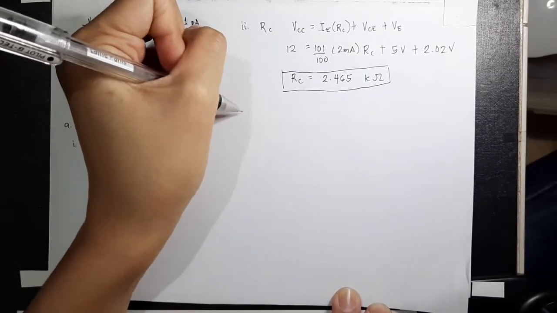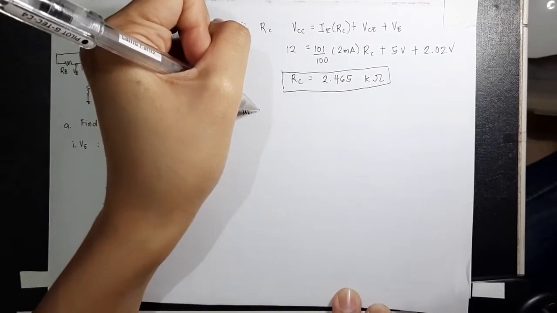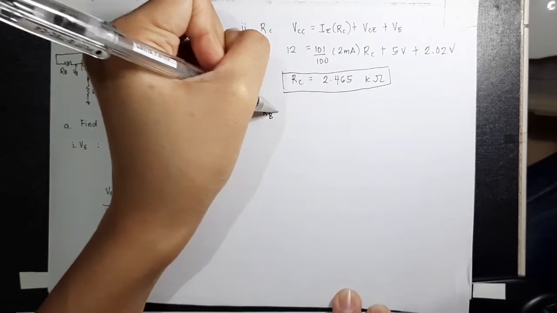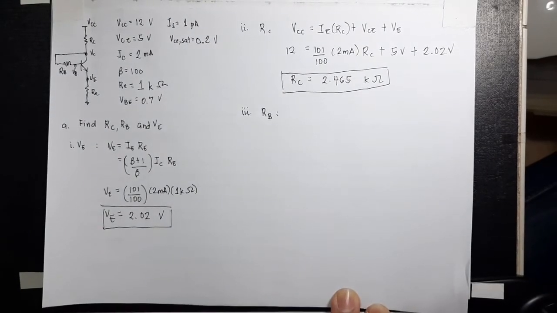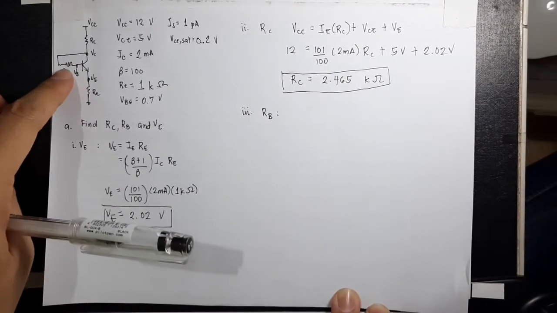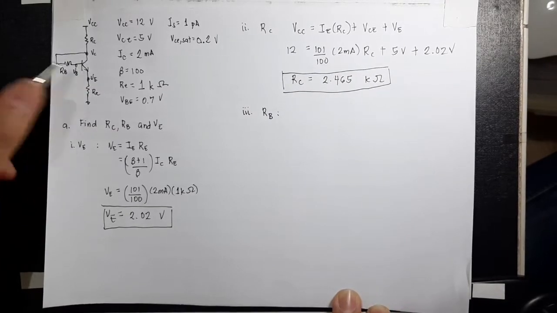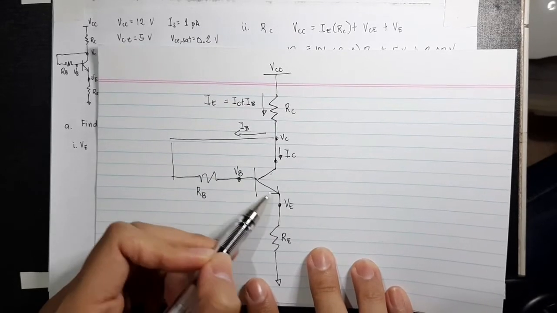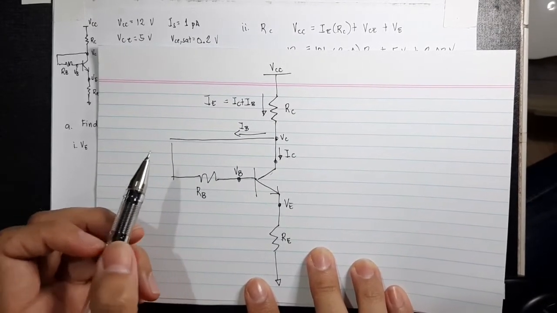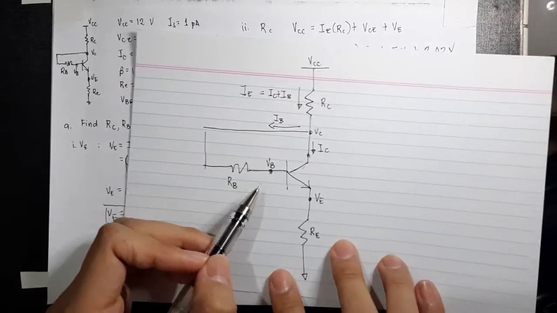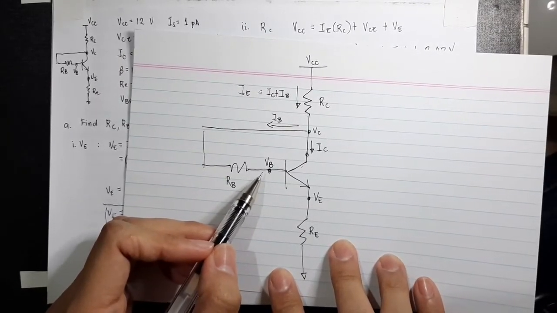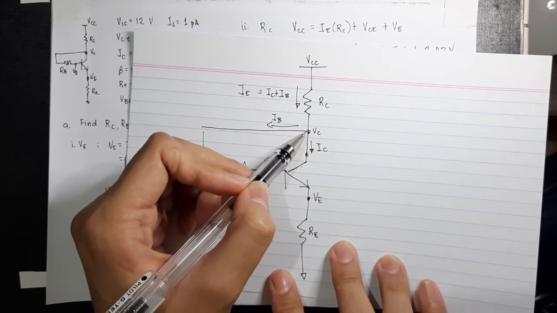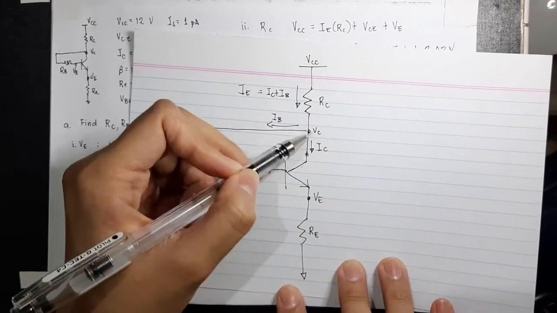And lastly, for RB, since we already know the value of VBE, and we also know the value of VC, since it's just the sum of VE plus VCE.